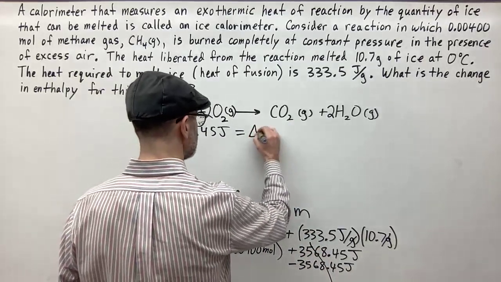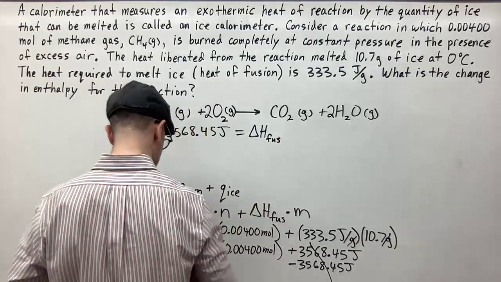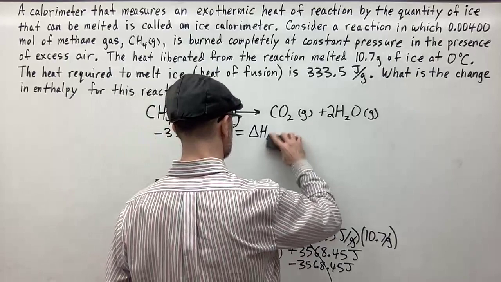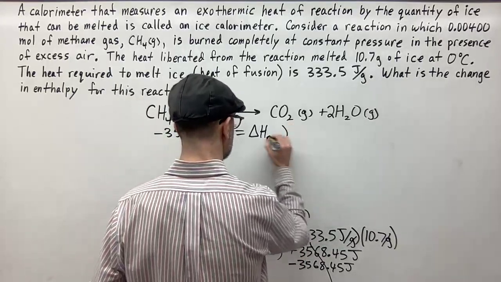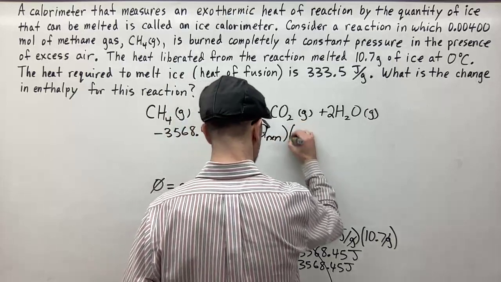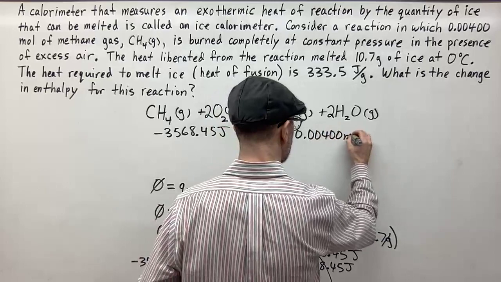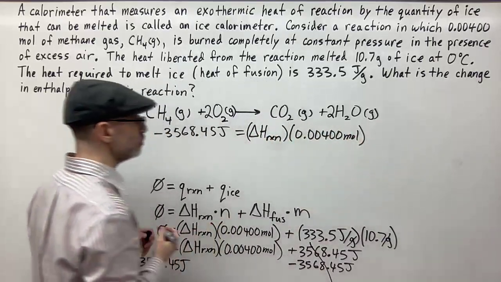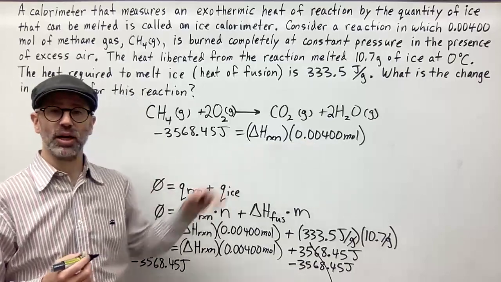So it's going to be equal to delta H of reaction, not fusion. Delta H of the reaction multiplied by the number of moles, 0.00400 moles of methane. So now all I need to do is divide by the number of moles.